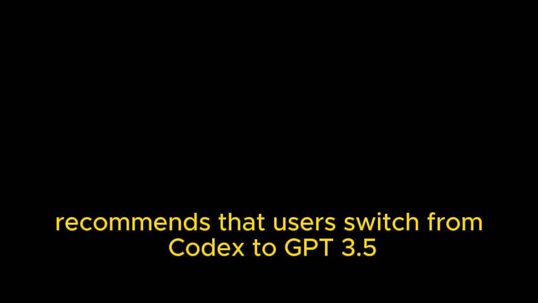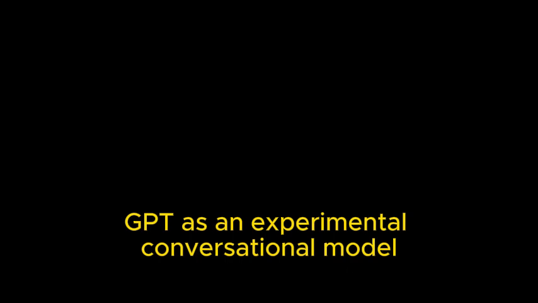Instead, OpenAI recommends that users switch from Codex to GPT 3.5 Turbo or GPT-4. At the same time, GitHub released Copilot X, which is based on GPT-4 and provides much more functionality than the previous version.